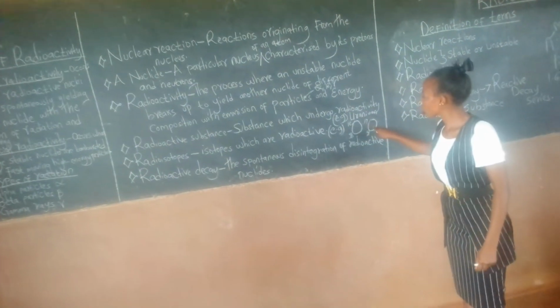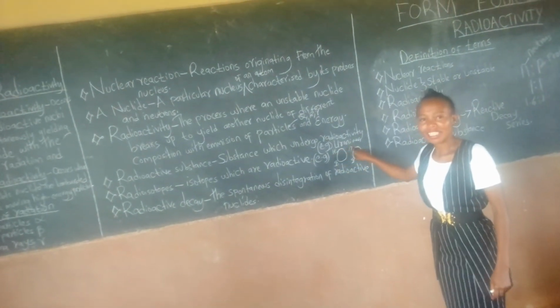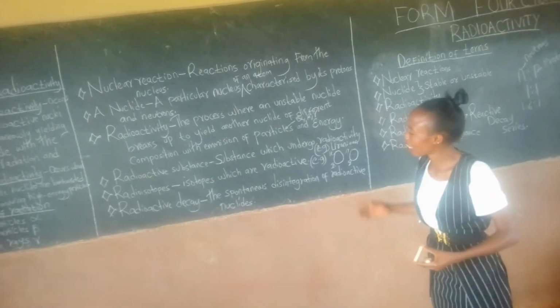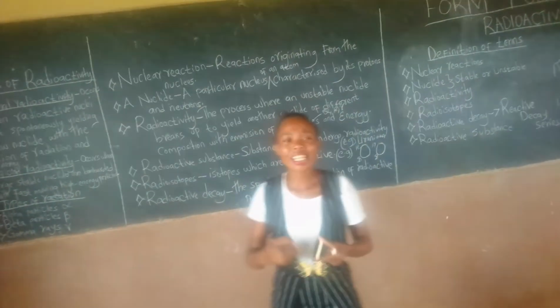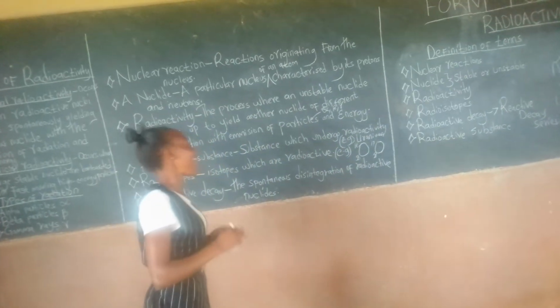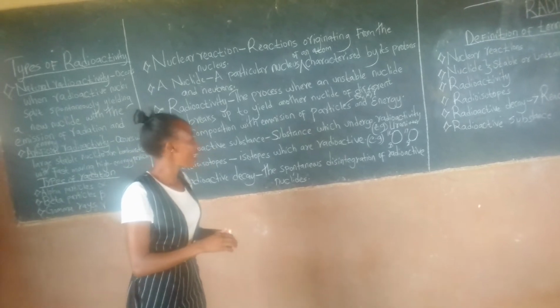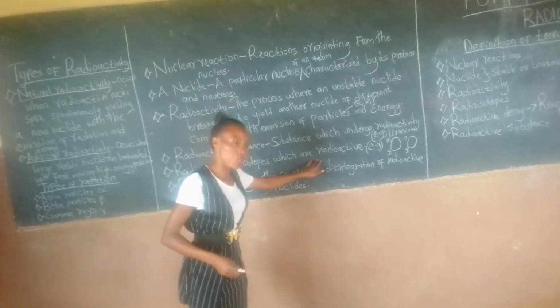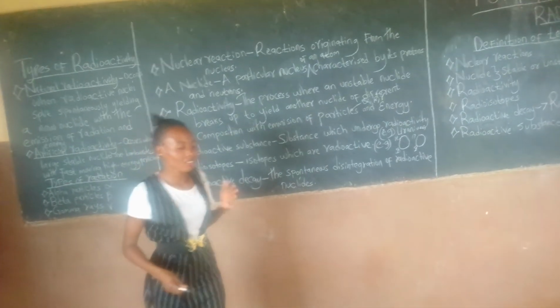These are isotopes of oxygen, with the same atomic number but different mass numbers. Now, radioisotopes are isotopes which are radioactive. And remember that a radioactive substance is a substance that is undergoing radioactivity.